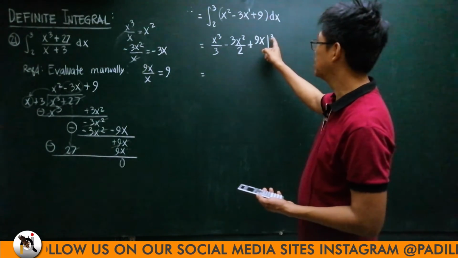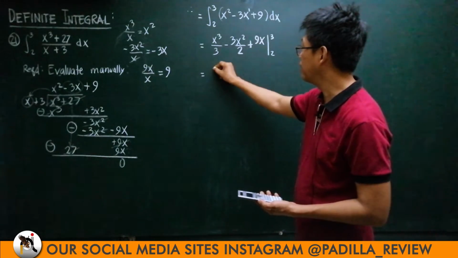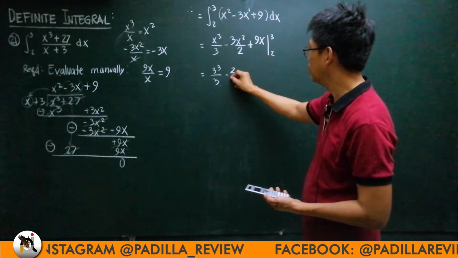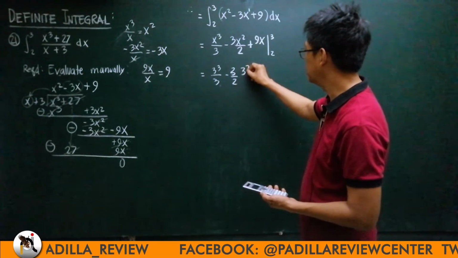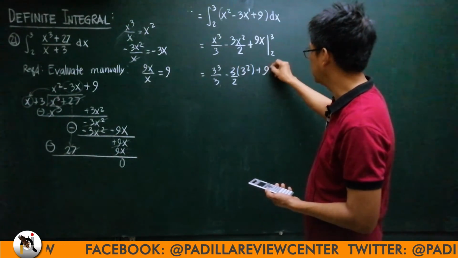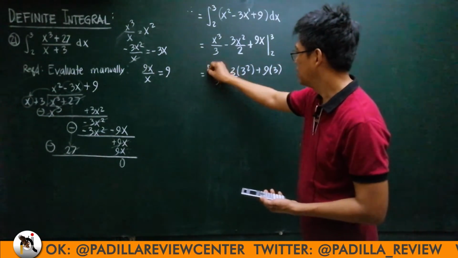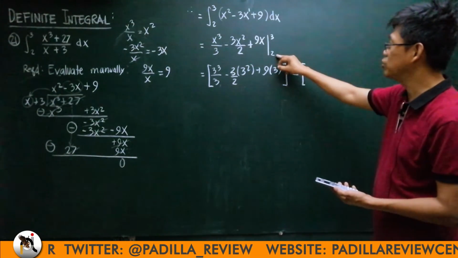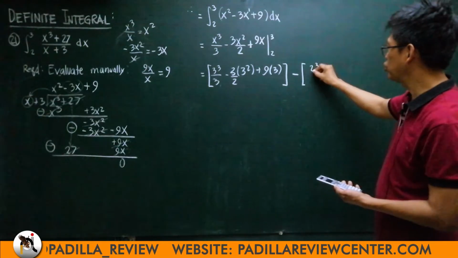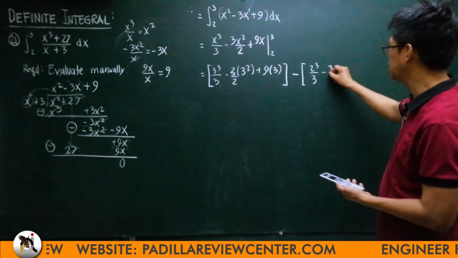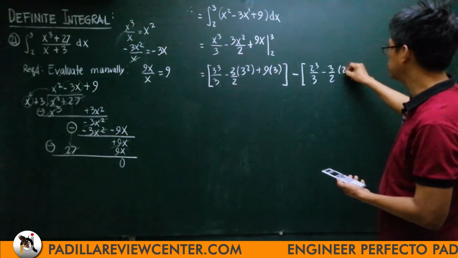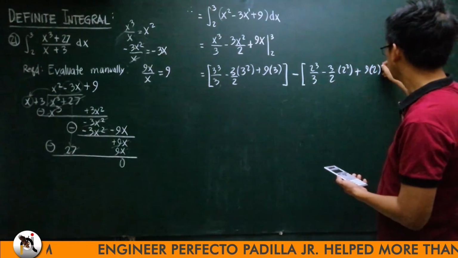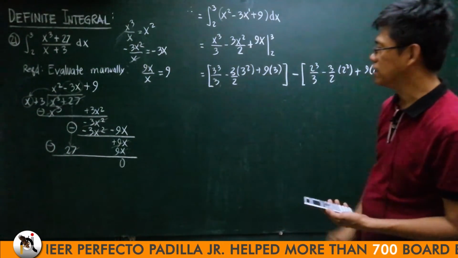Then input 3. So you'll have 3 cube over 3 minus 3 over 2 times 3 squared plus 9 times 3. Then you subtract, substituting 2: 2 cube over 3 minus 3 halves times 2 squared plus 9 times 2.